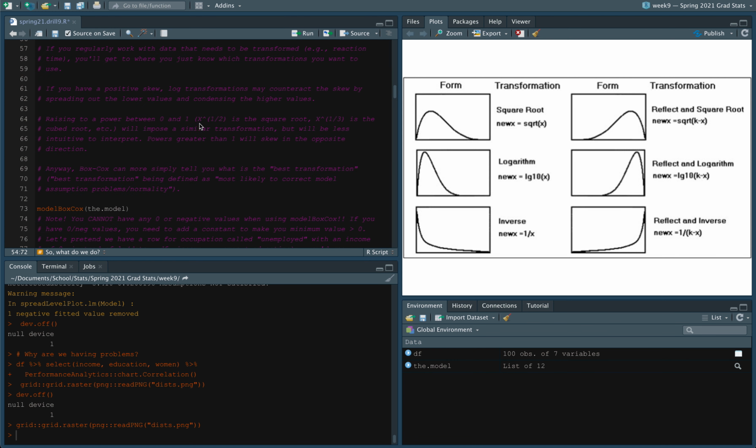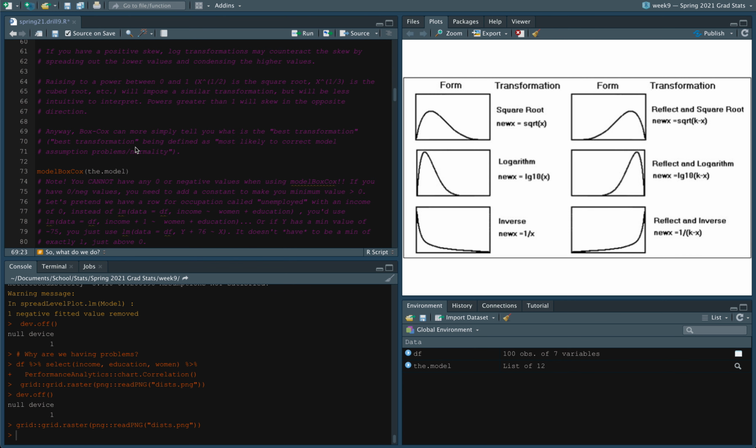Raising to a power between 0 and 1 will do basically the same thing, but the interpretation is a lot harder, and I'll explain what I mean.